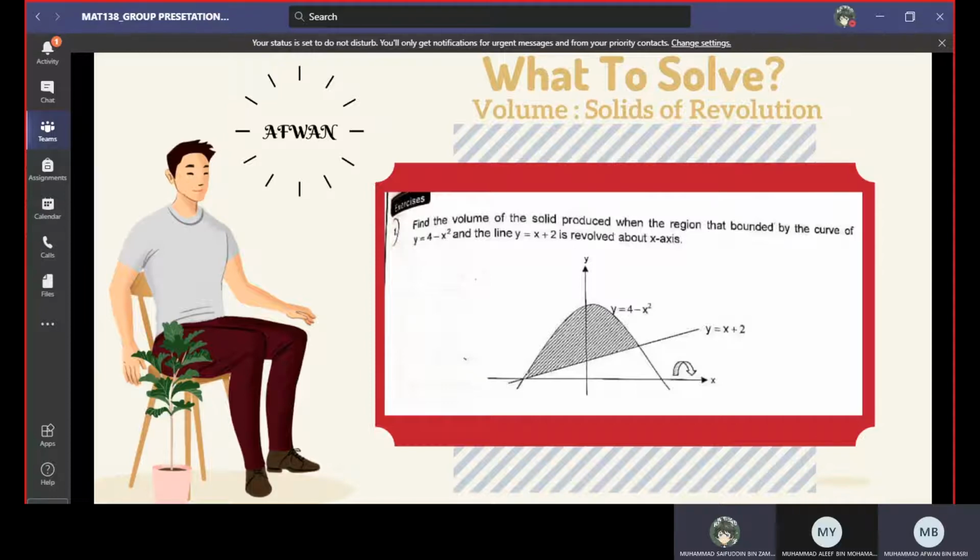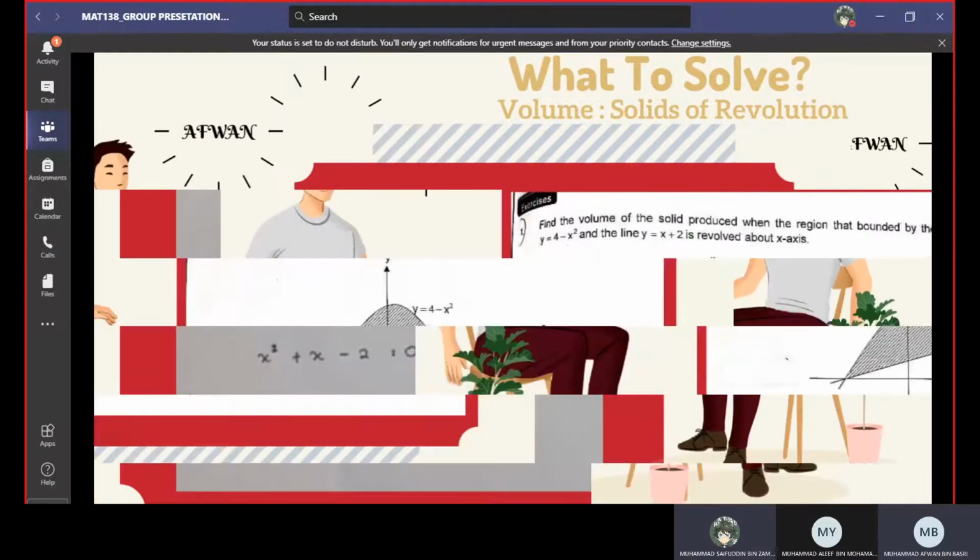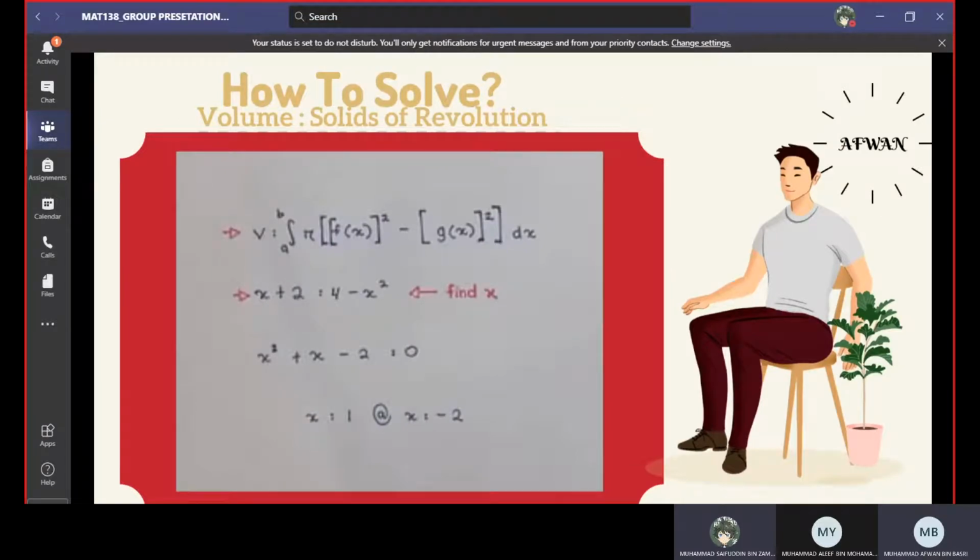about the x axis. For this question, we will use the formula: volume equals the integral from a to b of pi times f(x) to the power of 2 minus g(x) to the power of 2 dx. So how do we find f(x) and g(x)?